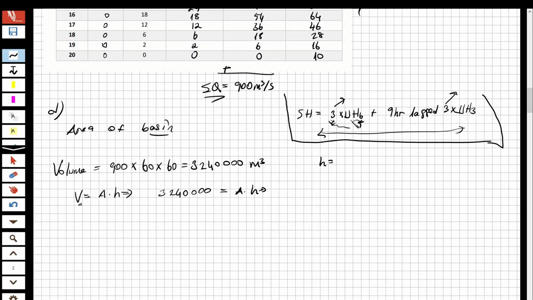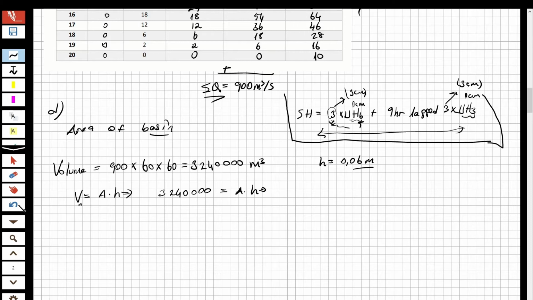A unit hydrograph. And we have a 3. So this is 1 centimeter, and multiplied by 3 is 3 centimeter. And this is 1 centimeter. When I multiply by 3, it's going to be 3 centimeter. So 3 centimeter and 3 centimeter, it's going to be 6 centimeter. When I convert it to meter, 0.06 meter, right?